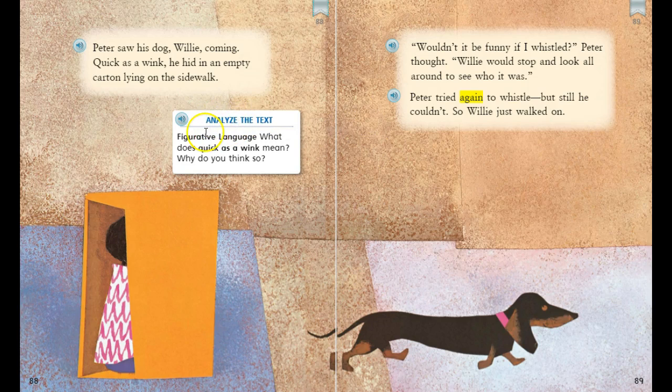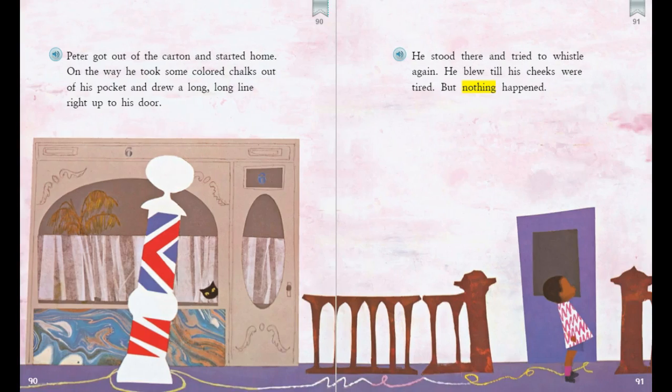Analyze the text. Figurative language. What does quick as a wink mean? And why do you think so? What does Peter do after he gets out of the carton? How do the illustrations show you that Peter lives in a town or city?